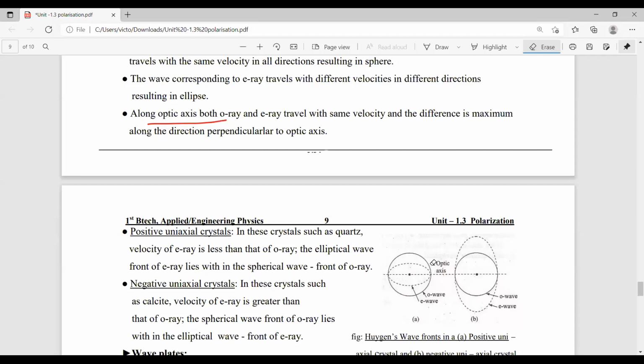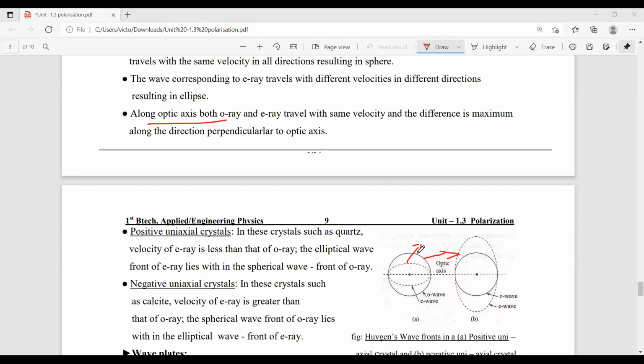That means when you observe the figure, in the first figure, the O ray is in first position. After that, the E ray follows the O ray. That means the velocity of O ray is greater as compared with E ray.